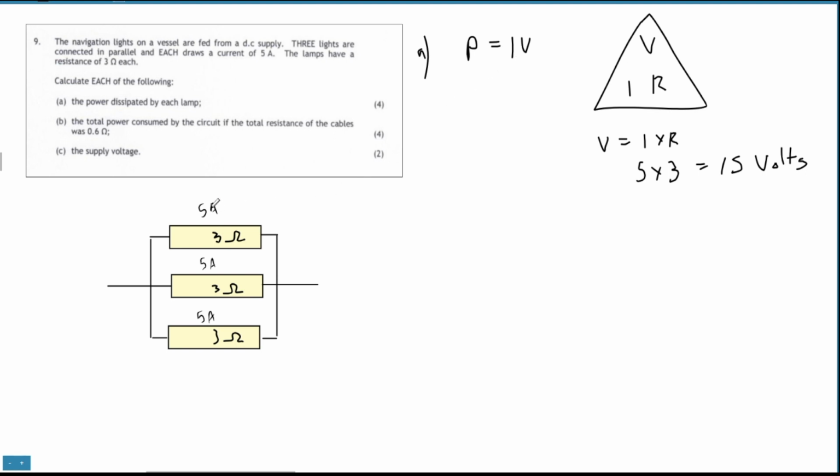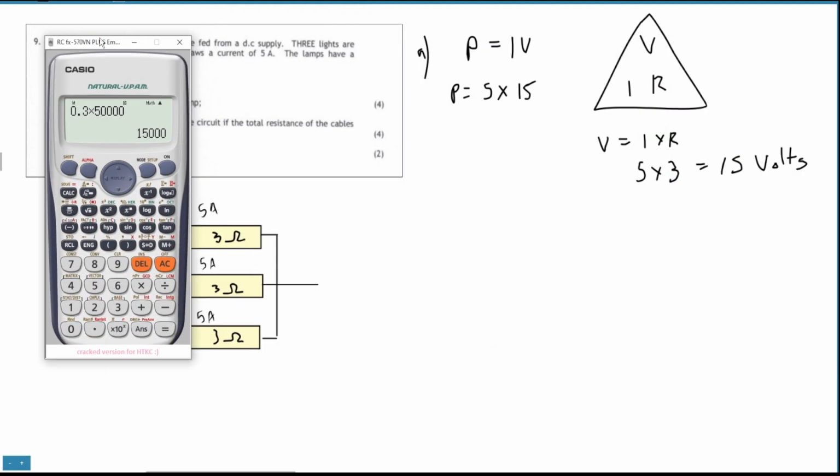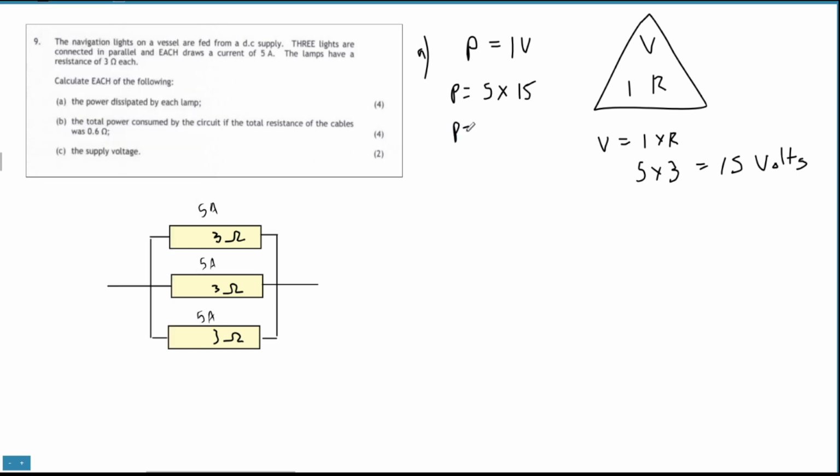We already know the amperage is 5, so the power is going to be 5 times 15. Grab my calculator, just in case I don't want to mess it up. 5 times 15, and we get 75. So the power is 75.